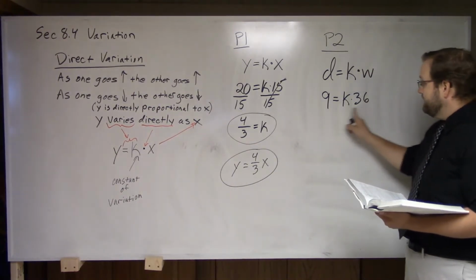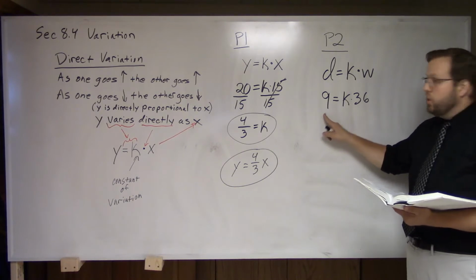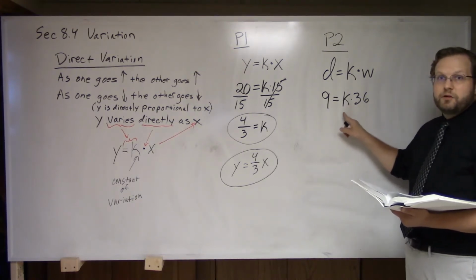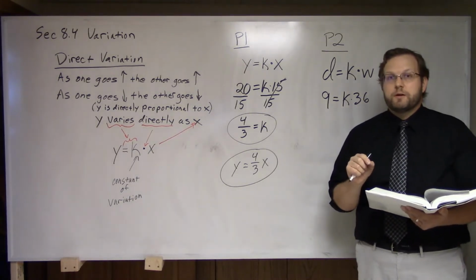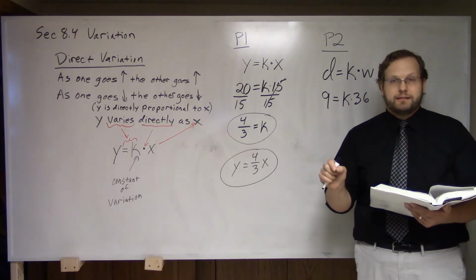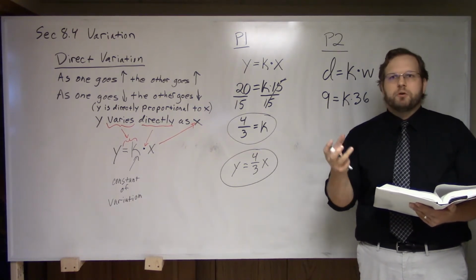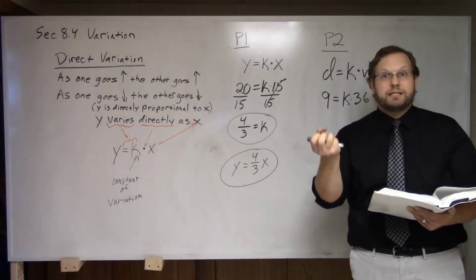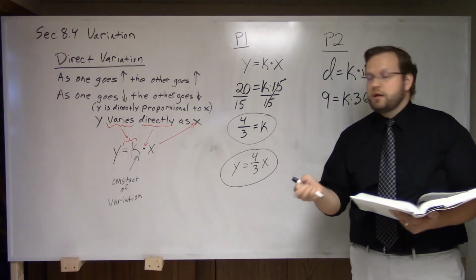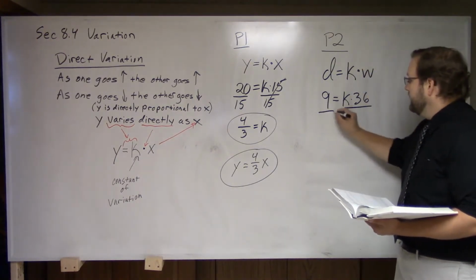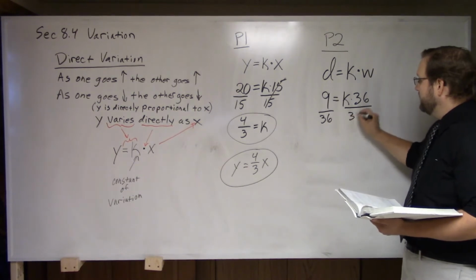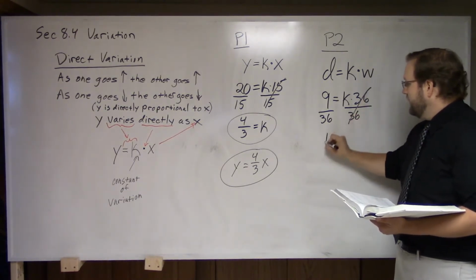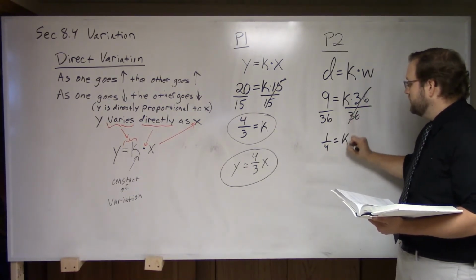So, given this, we are going to find that constant of variation. If you've taken physics before, that's known as the spring constant. That gives you a number that you assign to a spring to tell you how strong that spring is. What I'm going to do is divide by 36. And I get 1/4 equals K.